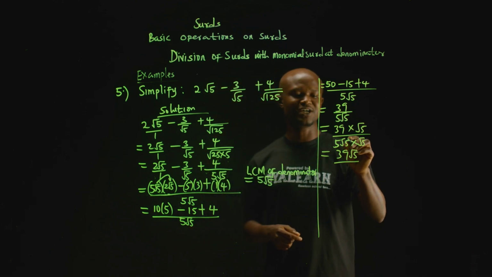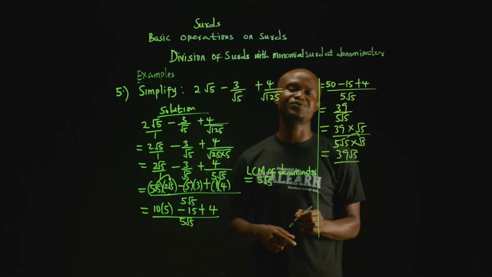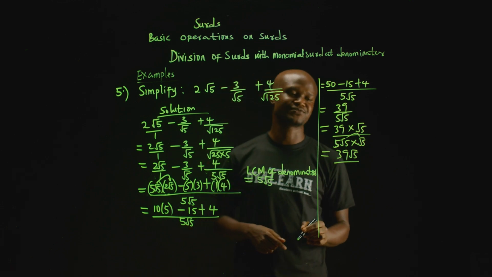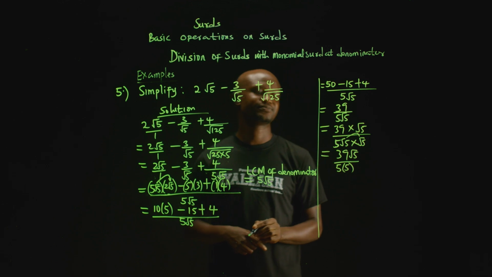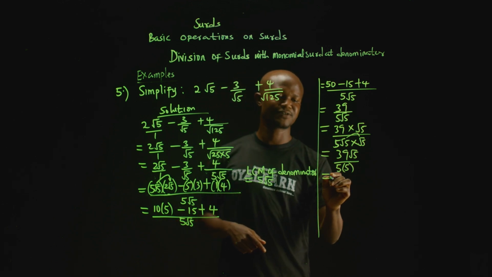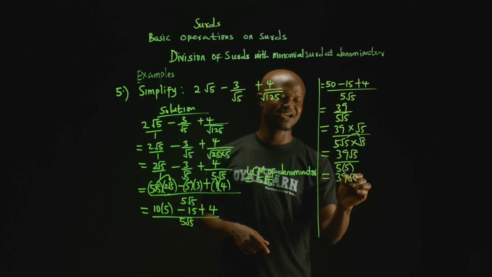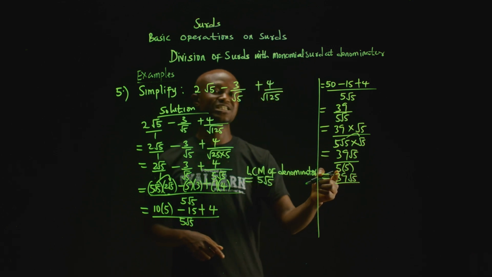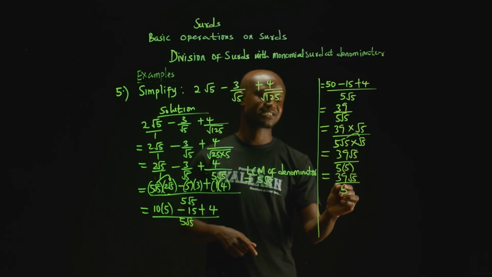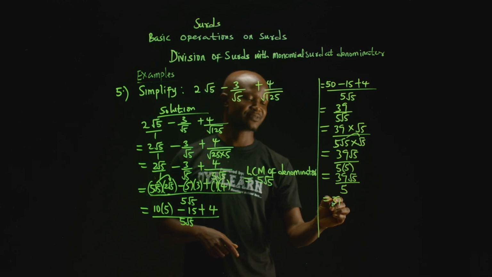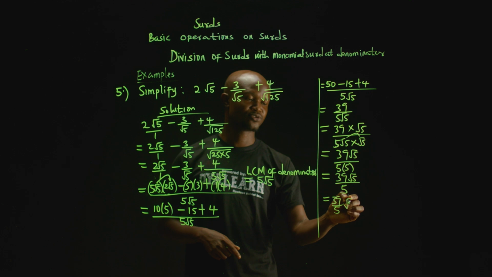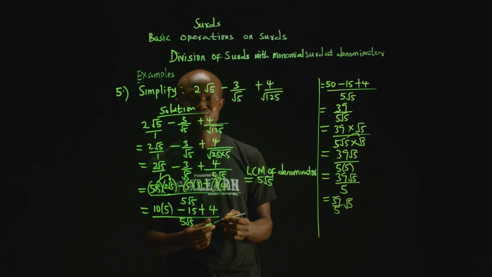Now for the denominator, root 5 times root 5, that's 5. So this is going to be 5 times 5. In this case, we now have 39 root 5 divided by what? What is 5 times 5? That is 25. So the answer is now 39 root 5 divided by 25. That is the solution to the problem.